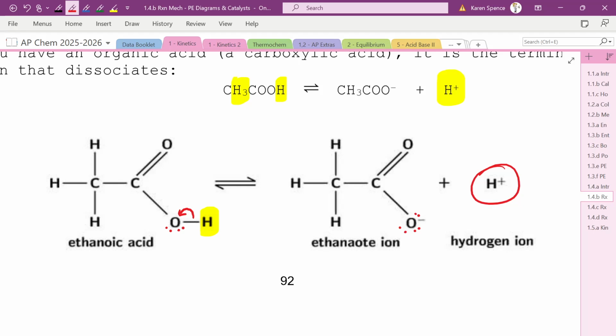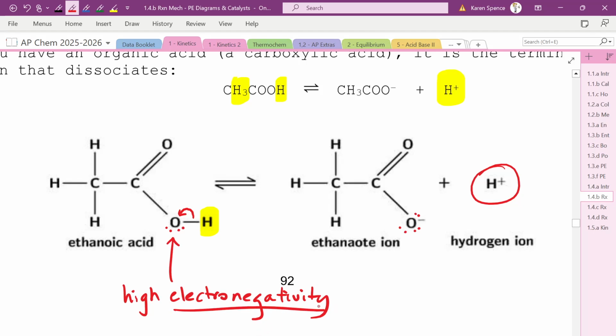It is because of the difference in electronegativity. Oxygen has a high electronegativity. Do you guys remember what electronegativity is? How strongly they pull bonding electrons towards themselves.